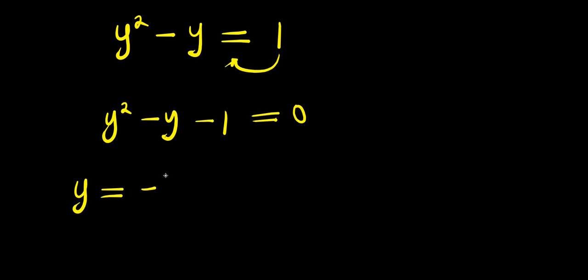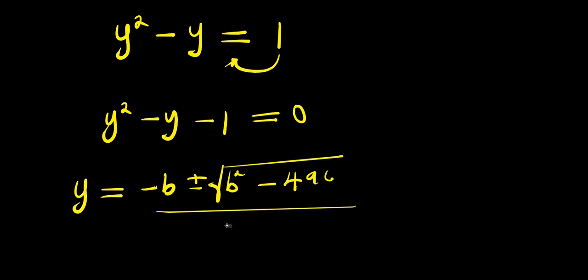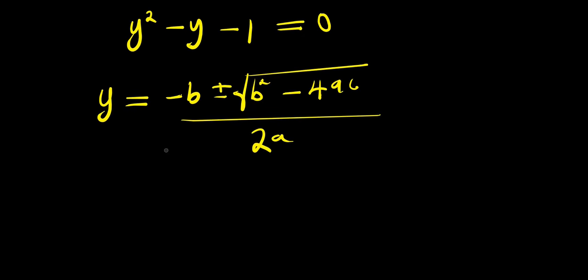We have y equals negative b plus or minus square root of b squared minus 4ac, divided by 2a. So from here, we have the coefficient of y squared here is 1. This is negative 1. And we have negative 1 here.